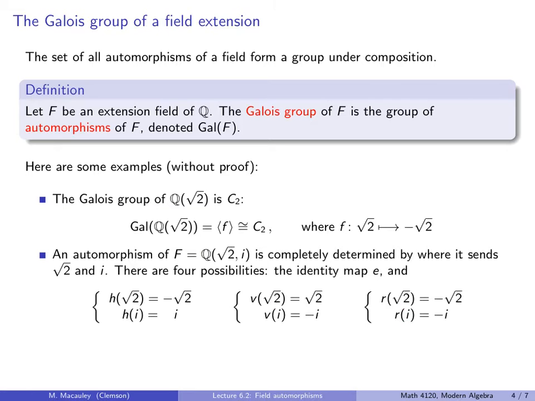Because remember, when we first saw V4, we saw it as containing four elements: a horizontal flip, a vertical flip, and a rotation, which is what you get when you do both of these flips independently. In other words, the Galois group of this field extension is generated by h and v, these two automorphisms, or really any two of these automorphisms will do, and it is isomorphic to V4.